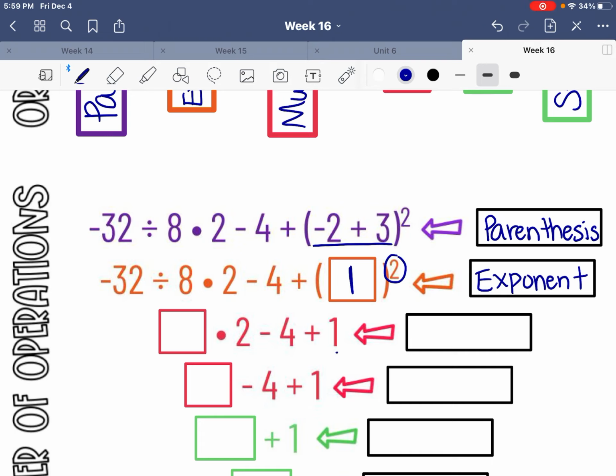Okay? After that, we're going to do negative 32 divided by 8, because division is coming first on the left. So our next step will be to divide. Okay, negative 32 divided by positive 8 is negative 4.